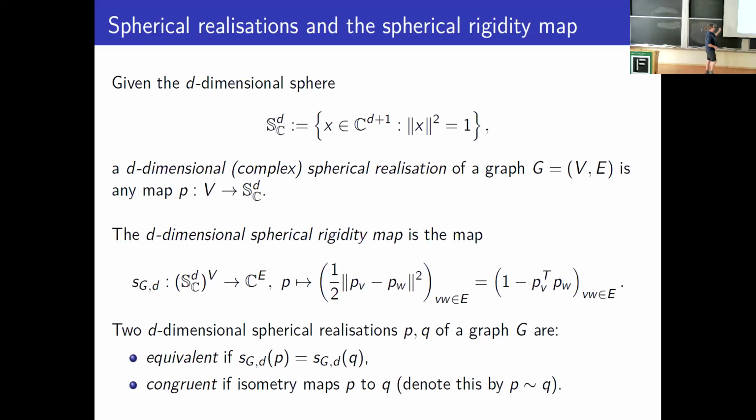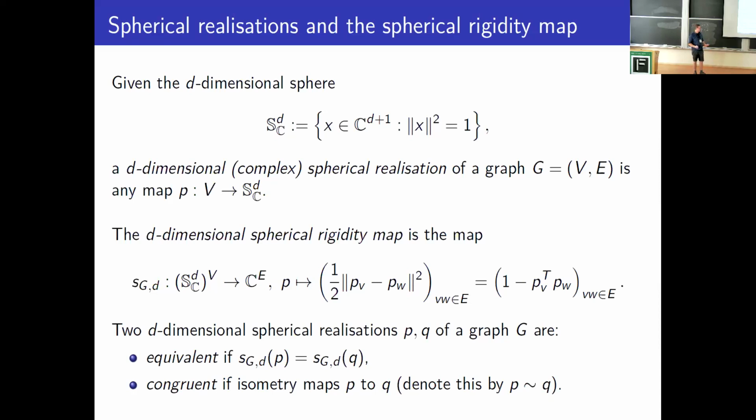We have the same map, but we're just restricting ourselves to only looking at spherical realizations, which can be rewritten in a nicer way, because everything's distance 1 away from the center, so you can just play around with the algebra to get that. And you can yet again say they're equivalent if they give the same edge lengths, and they're congruent if there's an isometry that maps one to the other. So this isometry will just be a linear isometry in the previous sense of the word. Is that fine with everyone?